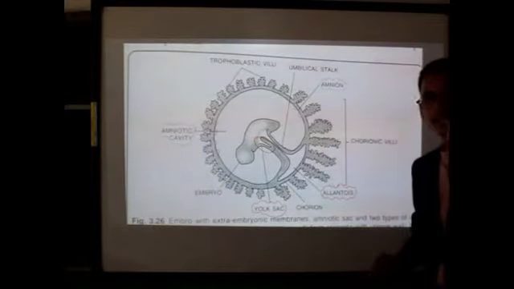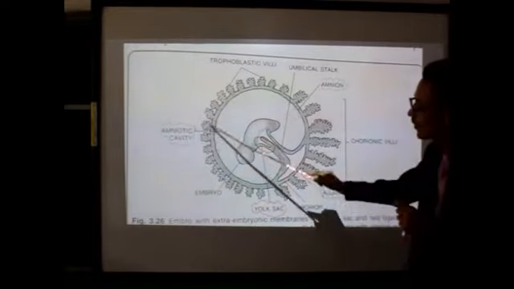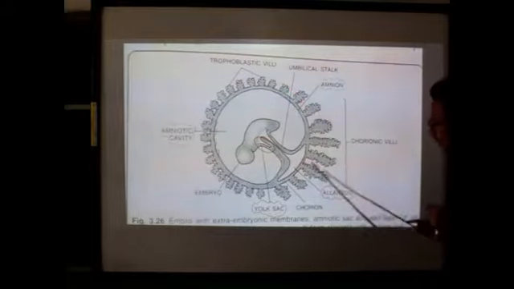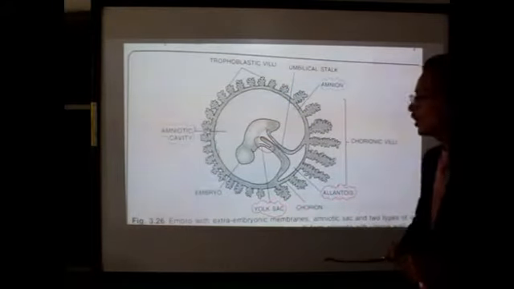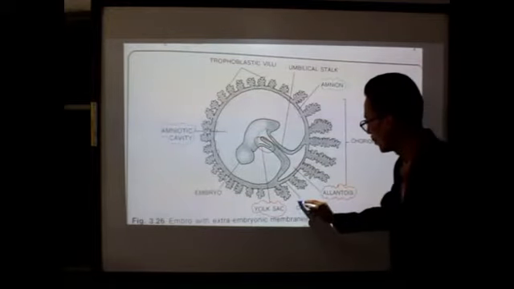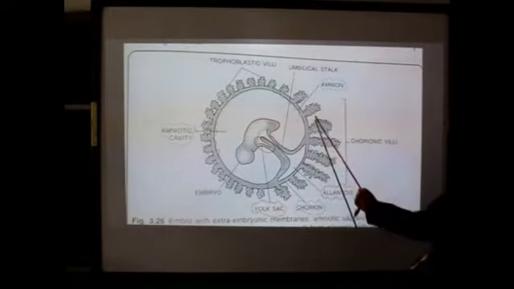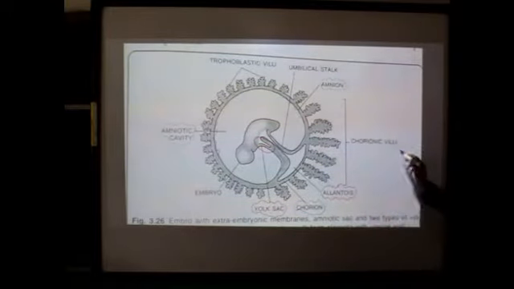And the last membrane. You can see the entire structure is surrounded by this last outer layer, which is called the chorion, C-H-O-R-I-O-N. Chorion. Clear? And these are the chorionic villi.